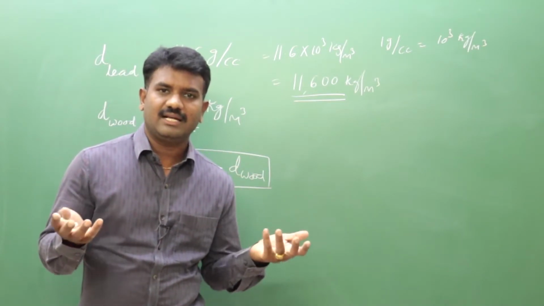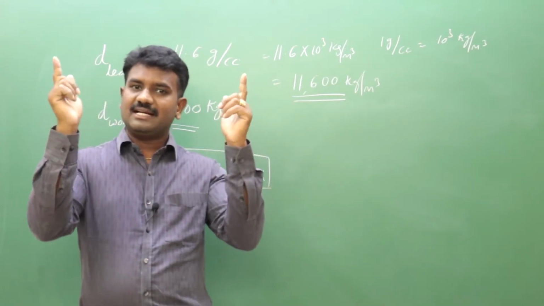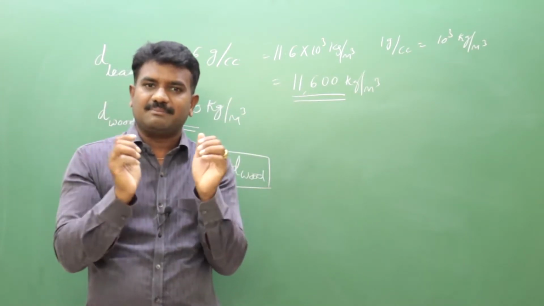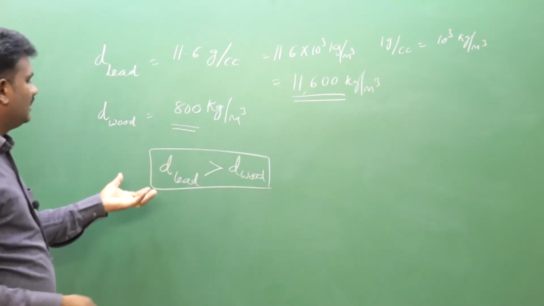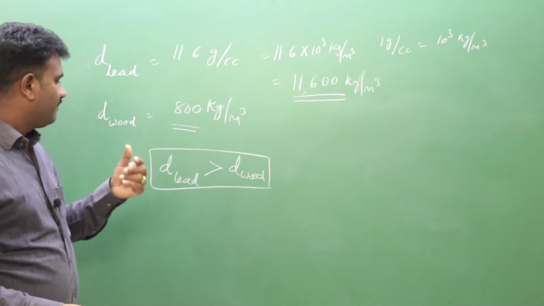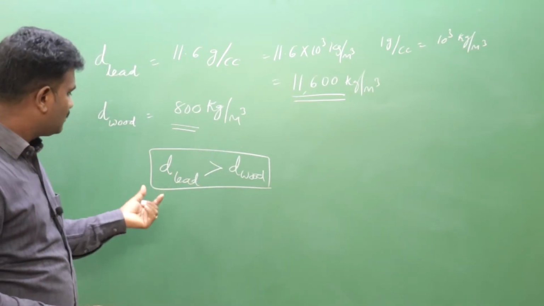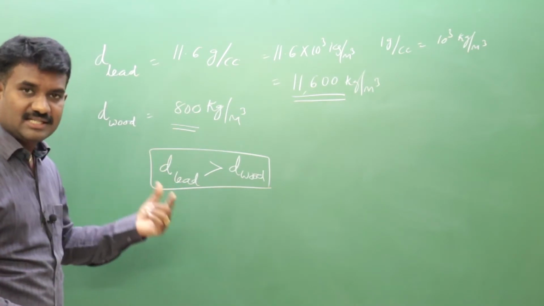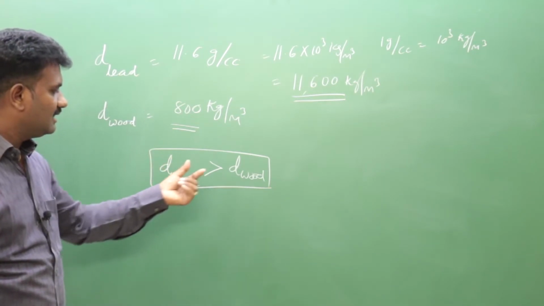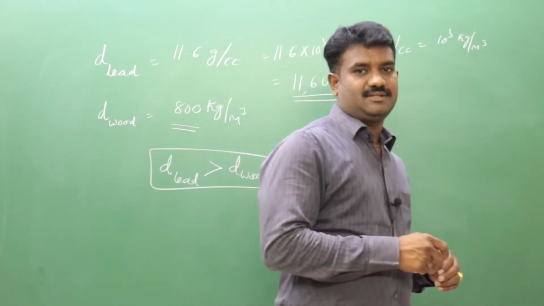You can't blow air through iron because the matter is closely packed. In wool there are some gaps. So density is more means matter is closely packed. So the density of lead is greater than wood is right, and the matter is closely packed in lead than wood is also correct. That's why the fourth option is the right answer.